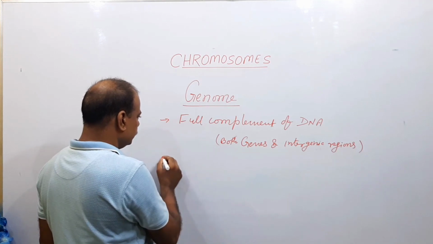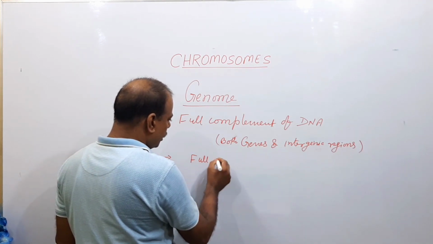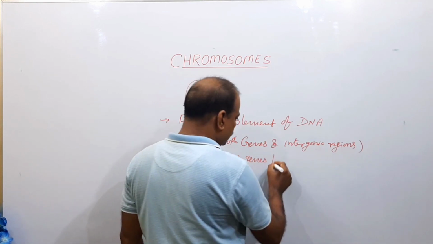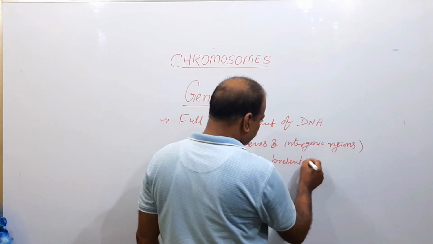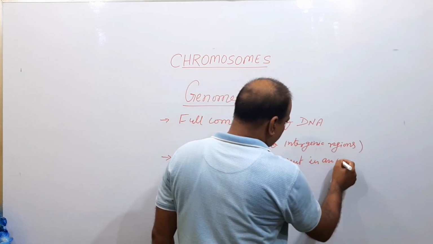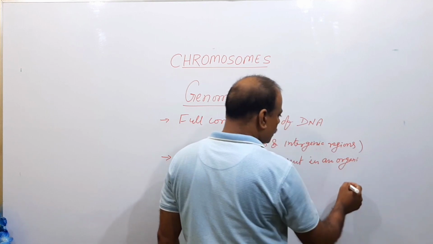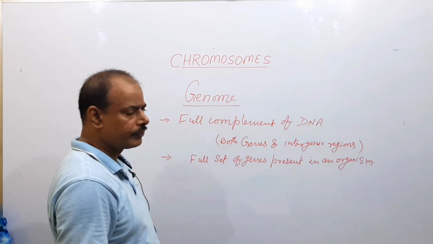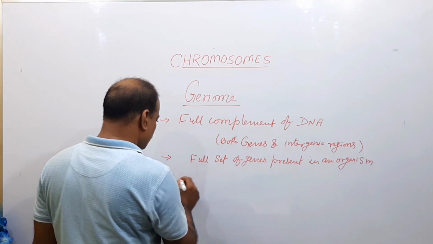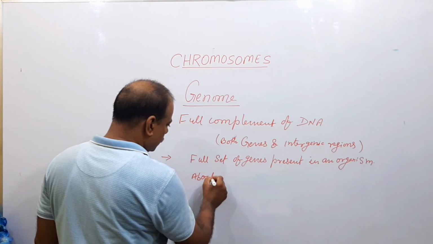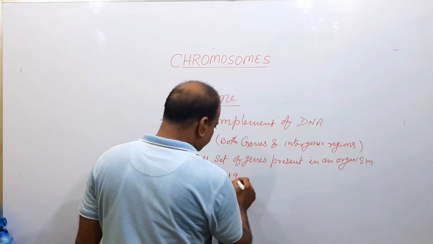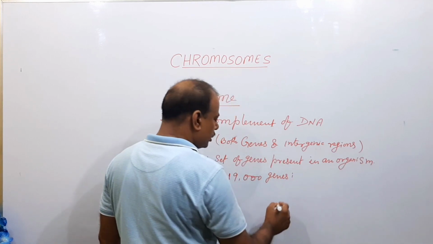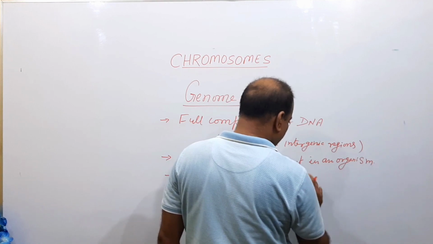Or you can say full set of genes present in an organism is known as genome. There are about 19,000 genes present in human beings.